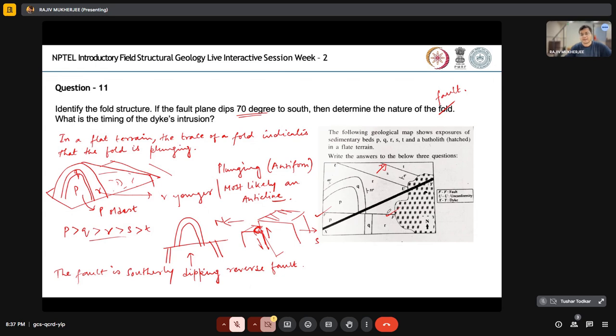Then the deposition of S, and then T. There is an angular unconformity between R and S, because initially it was folded, and now there are some horizontal beds with a gentle dip towards the north. So this boundary UU dash is an angular unconformity.